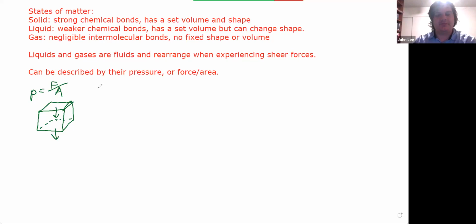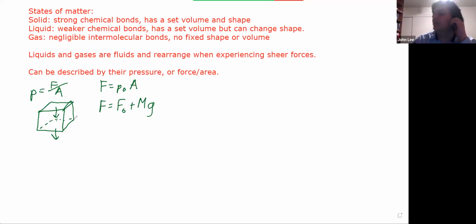So the force at the top is equal to P naught times A, and the force at the bottom is equal to P naught A plus M times G, where M is the mass of the water in the block.